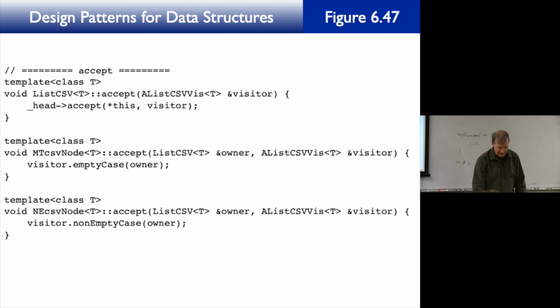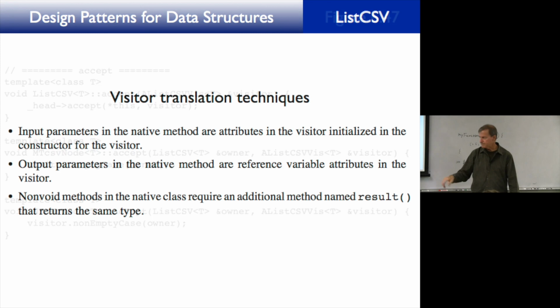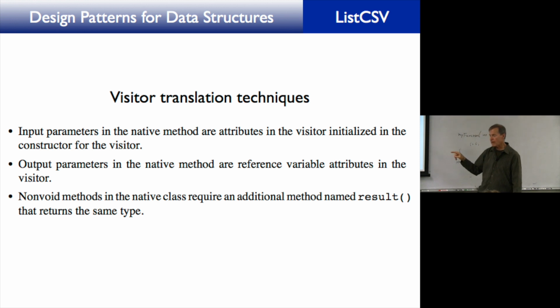So we have to have an additional method provided by the plugin, and we're going to always by convention name it result. And it returns the same type as the type that would have been returned in the original non-visitor method scenario. Does everybody see that?